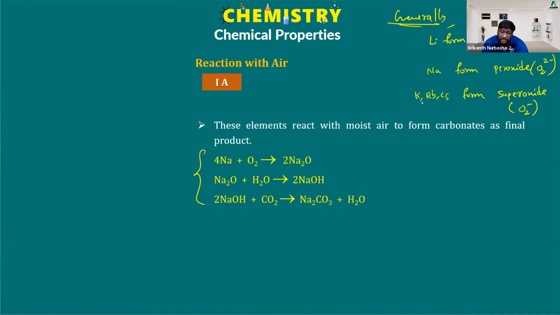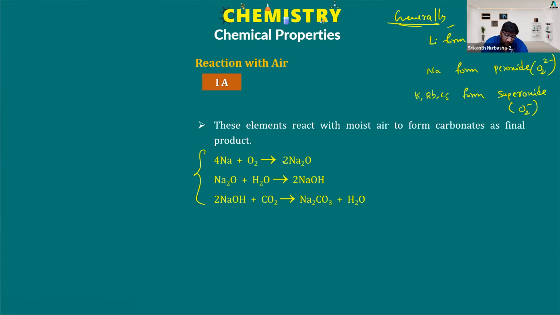Only large cations like K plus, Rb plus, Cs plus can stabilize it. Got that? But along with peroxide, sodium can also form normal oxide. Along with superoxide, potassium, rubidium, cesium can also form normal oxides and peroxides. But majorly they form normal oxide, peroxide, and superoxides respectively.